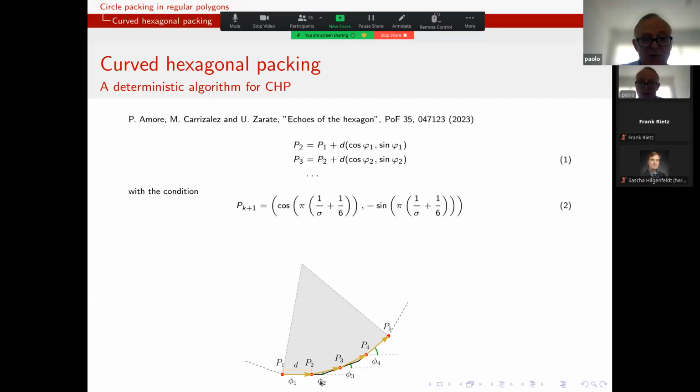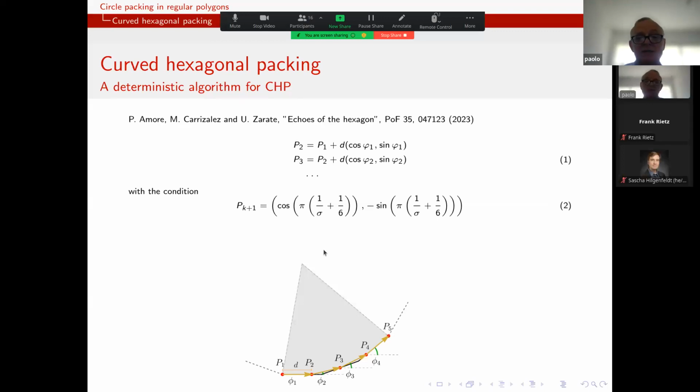And you can see we have several angles. This angle corresponds to the angle of the red dots, which correspond to the centers of the disks that you put on the border of the domain. Eventually, you need to get to this vertex, because then everything repeats.